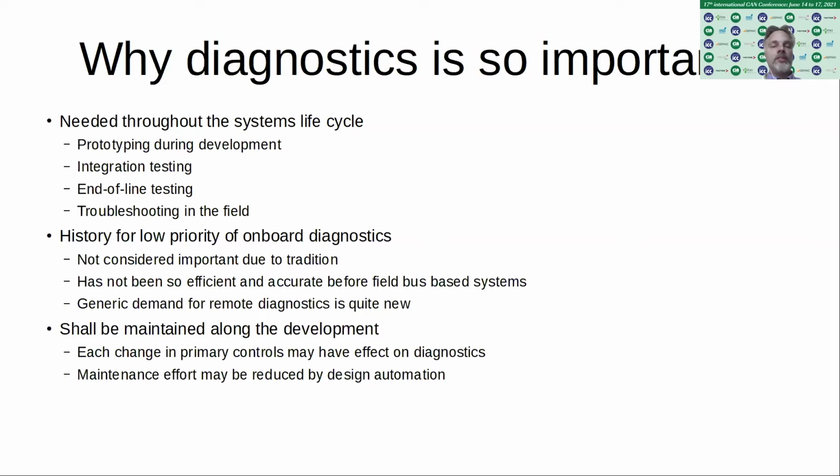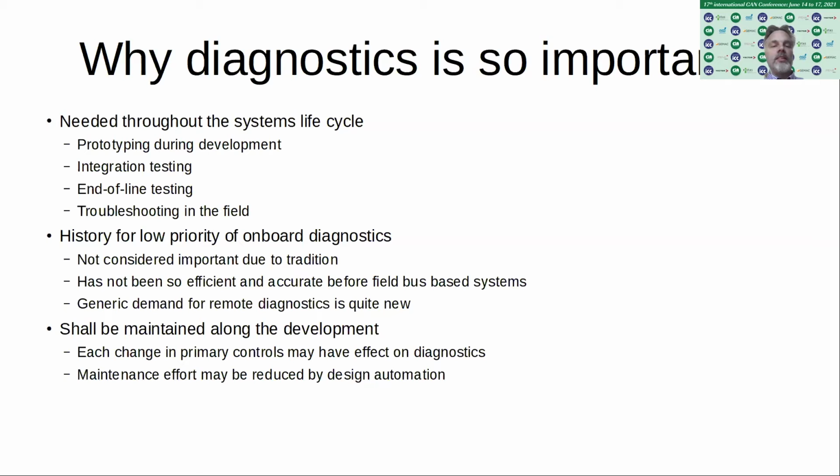And of course, the higher productivity demands are, let's say, focused on the operating companies of those machines. Then the requirements are coming to the system integrators and tool and device vendors.